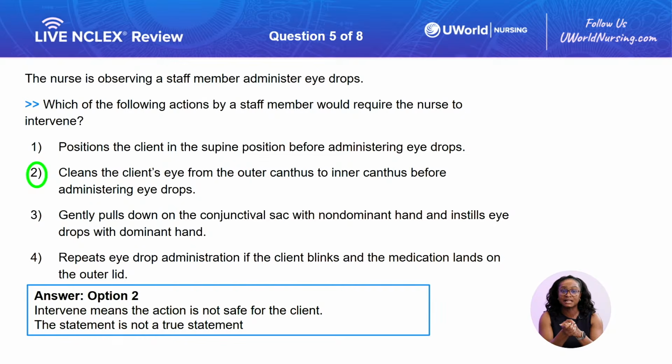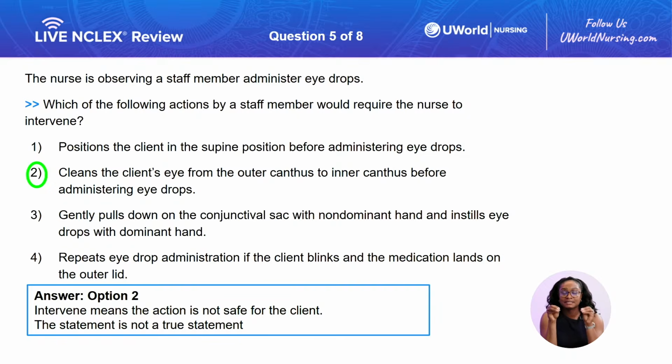So position the client supine in the bed. This would be good because it's allowing gravity to help us by having them lie down, and you can just drop it right into their eye. Option 3, gently pull down on the conjunctival sac, which is just pulling down on their eyelid and then dropping the eye drops with your dominant hand. That is best practice. And then option 4, repeat the eye drop if the client blinks.